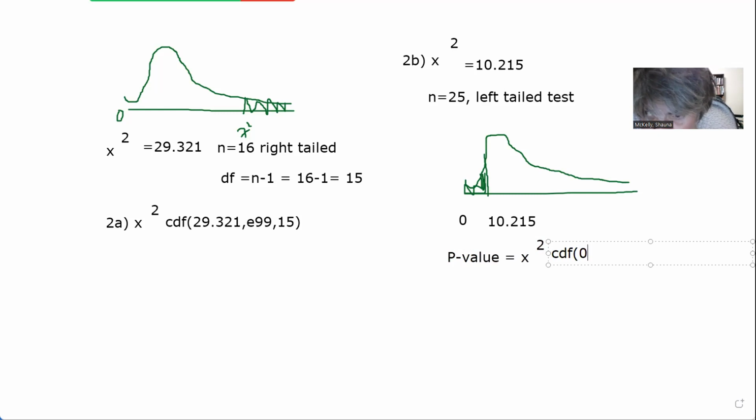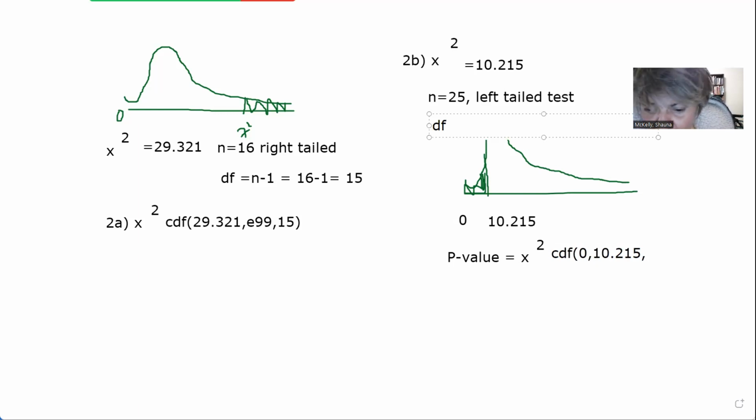We have 0, we have 10.215, and my DF will be 24. Remember, my DF is 1 less than n.